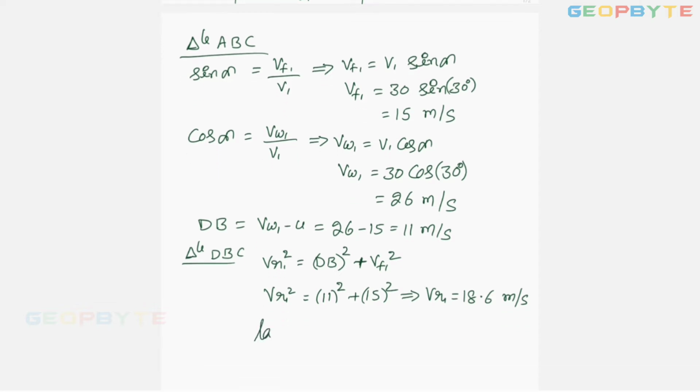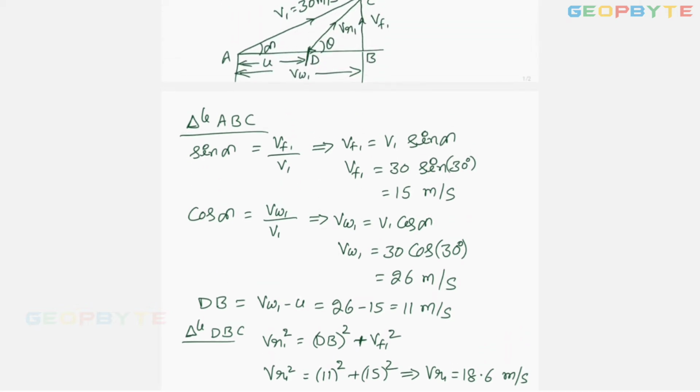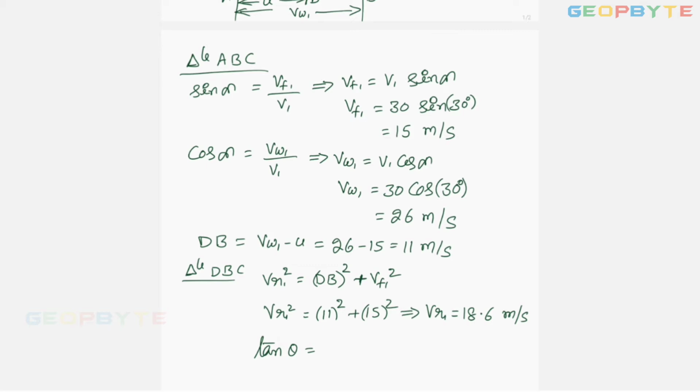Now tan theta. Look at the triangle DBC. Tan theta equal to Vf1 by DB. From this, theta equal to tan inverse of Vf1 by DB.